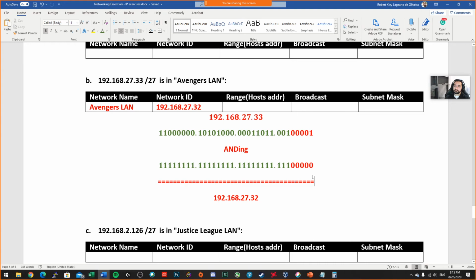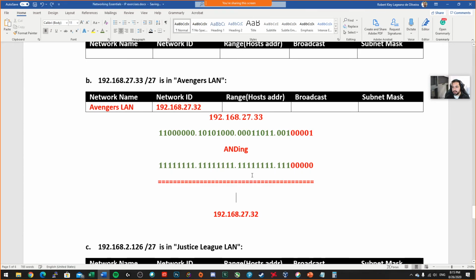So do you take that 1 off the 33 to give you the 32? No, the green. You see where you got the green? This one is going to be kept because when you do the ANDing, it's 1 times 1, 1 is 1.